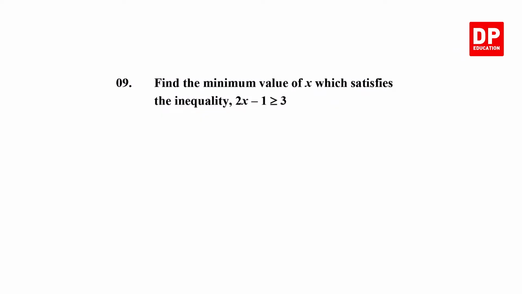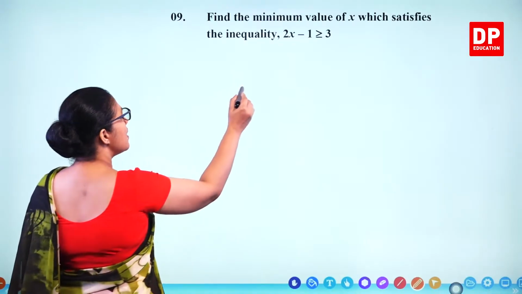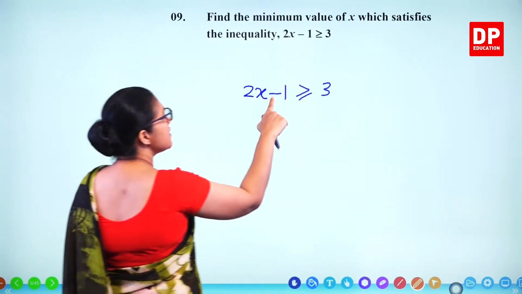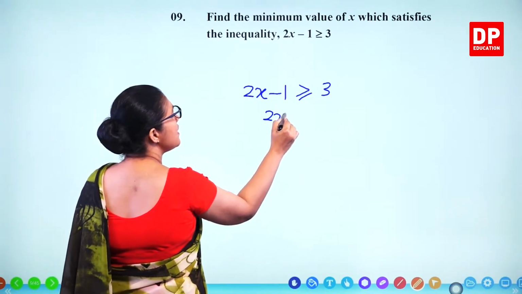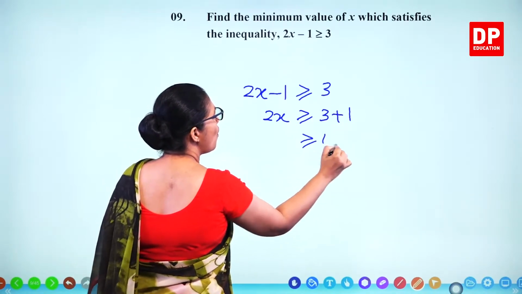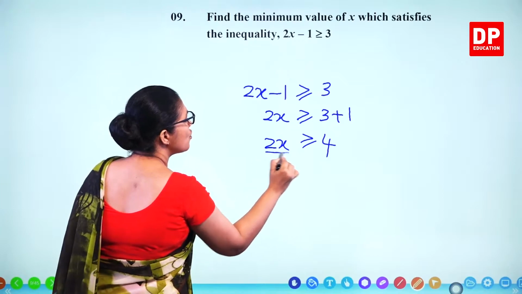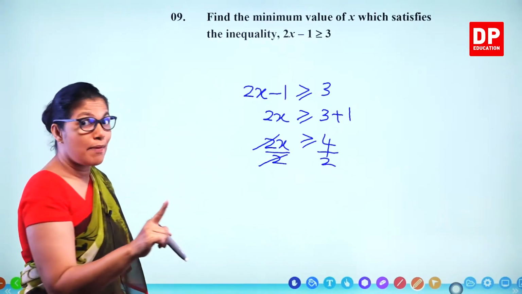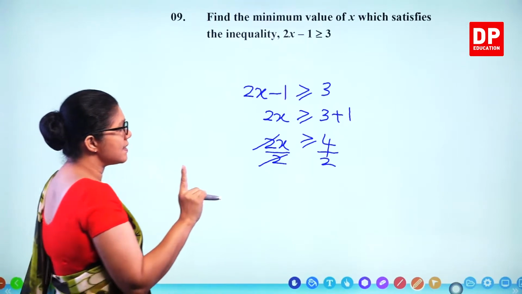Question number 9. Find the minimum value of x which satisfies the inequality 2x minus 1 greater than or equal to 3. Take minus 1 to the other side. That means plus 1. 3 plus 1, you get 4. Divide this by 2. Because if you are dividing by a positive, nothing will happen to the sign.